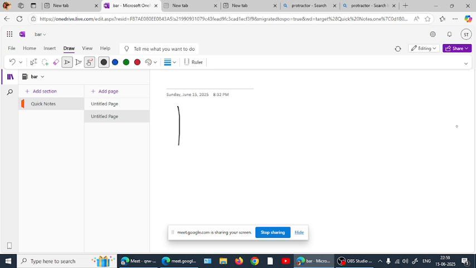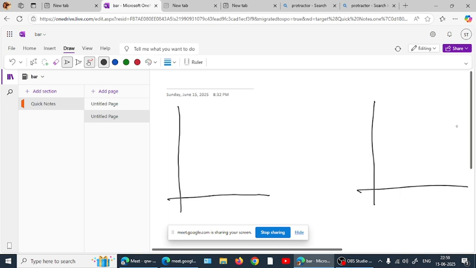Here I will draw one line like this, and here also I draw one line like this, and this crossing point of the y-axis and x-axis is always 0, 0. This is the qualitative side. Here we give some game names like hockey, football, cricket. Here I am giving some values like 5, 10, 15.